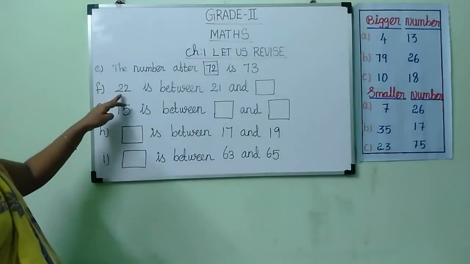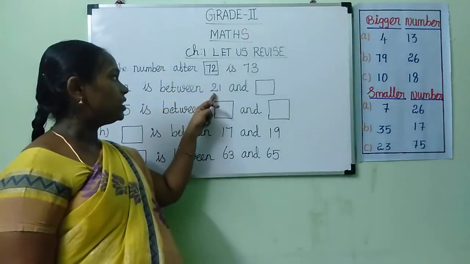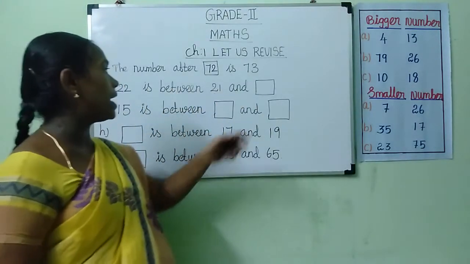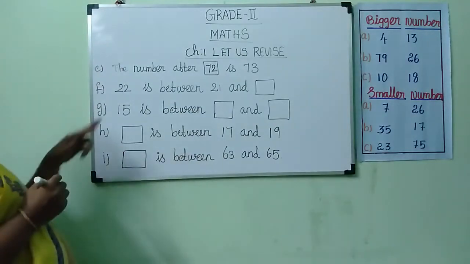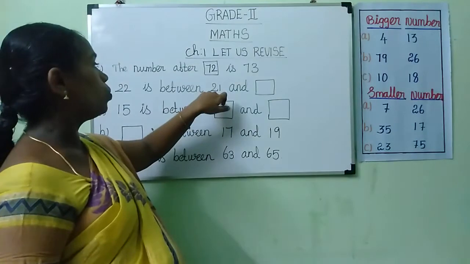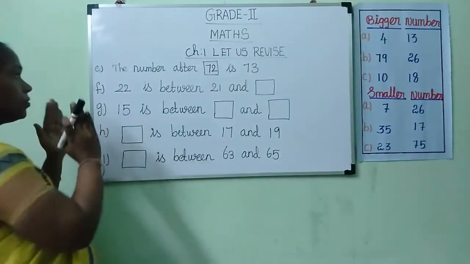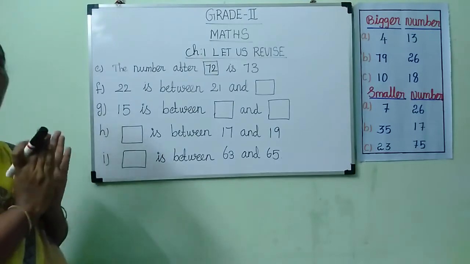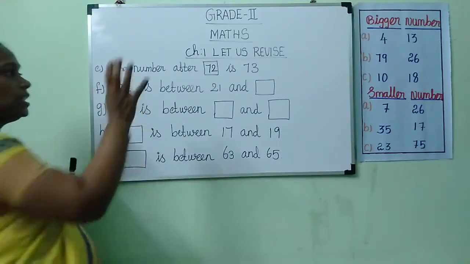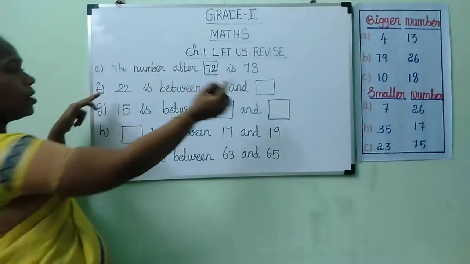Okay. The next one, 22 is between 21 and dash. Between means center number. Here one number is given, 21. So what will come as the other number?